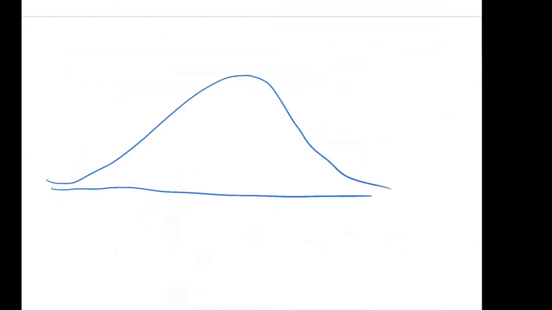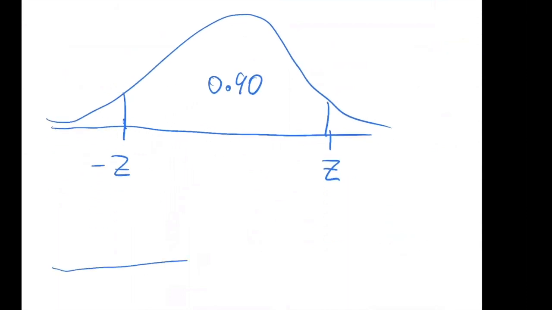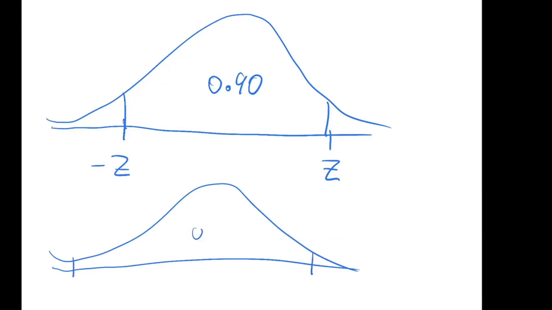Okay, so here's a normal distribution, and what we're trying to calculate are these values for z that are going to give me 90% in the middle. So when we're doing 95%, those values were about 2.